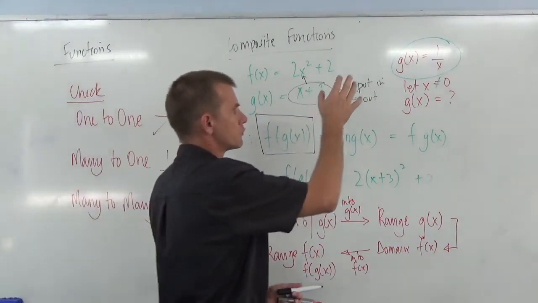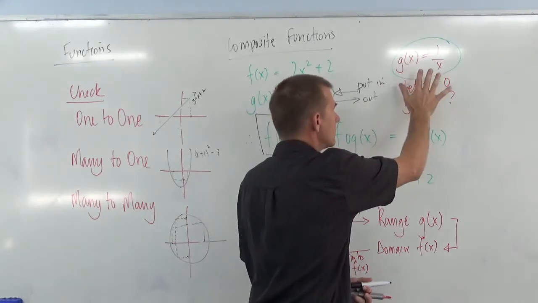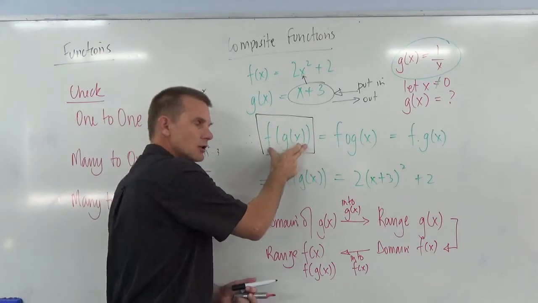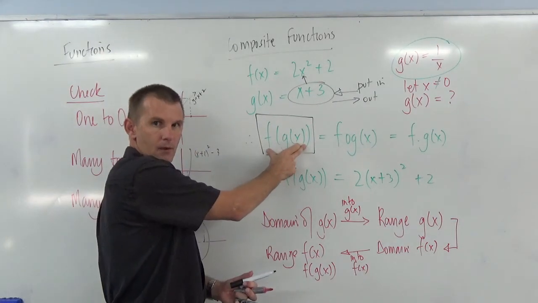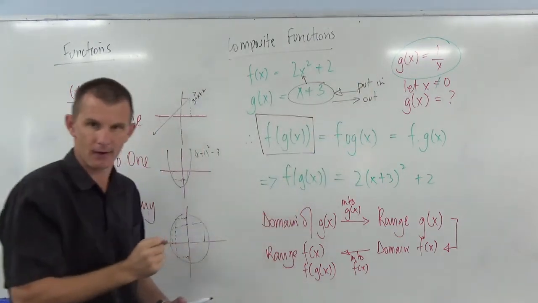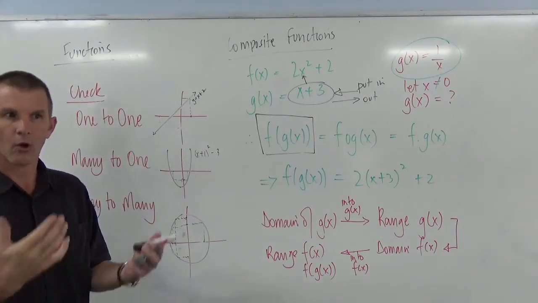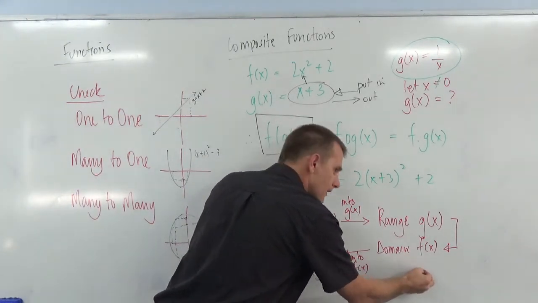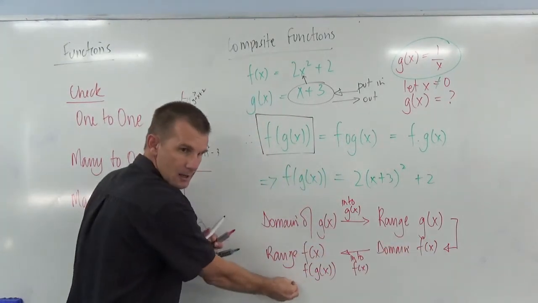So you might have to restrict the domain of your first function so that you can actually write this function. And then you've got to think, well, what values can I not get out of that function? And therefore, what values can I not put into the next function? And therefore, what values can I not get out here?